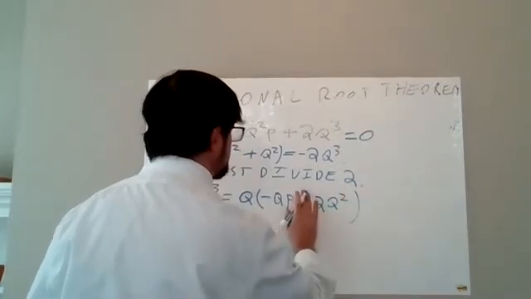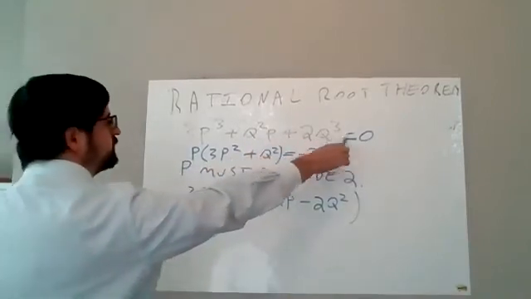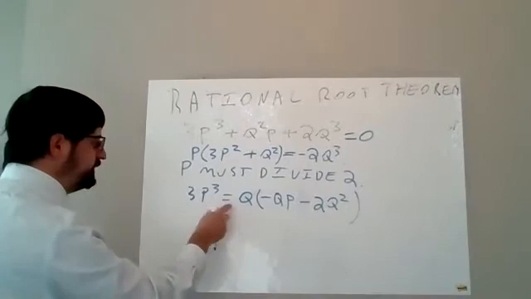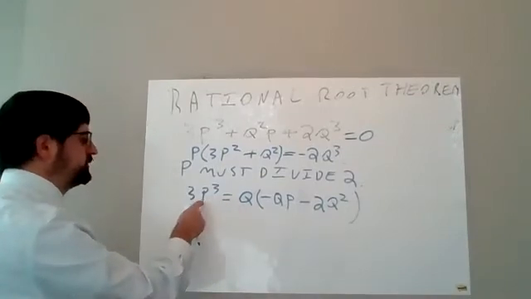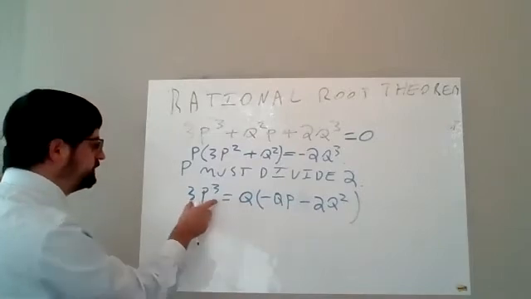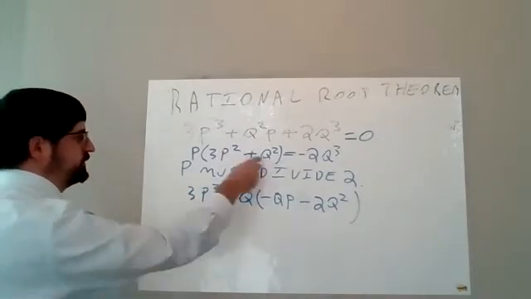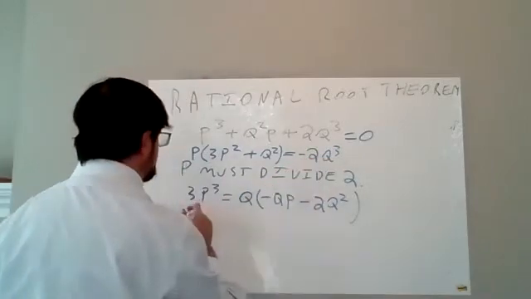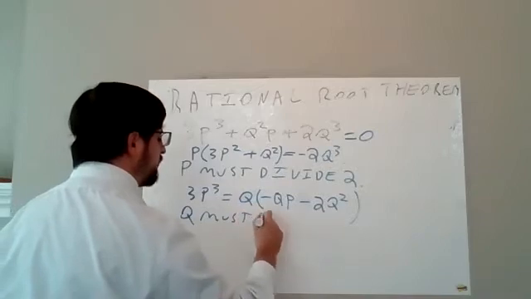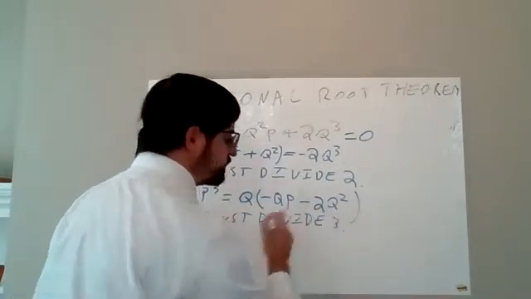If I brought these terms over and I factored out a q, q and p don't have any common factor. So q and p cubed don't have a common factor. So q, if it divides this, has to divide 3. Right, just as p had to divide 2. Q must divide 3.